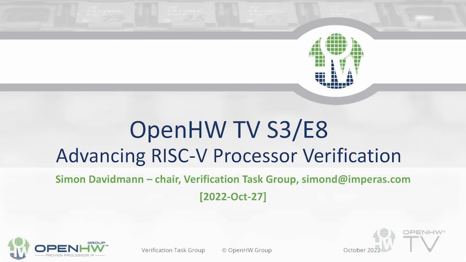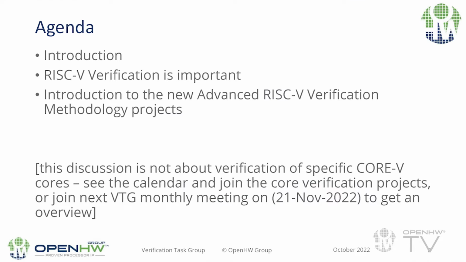So what I'm going to do today, in this TV episode for OpenHW, is talk about advancing RISC-V processor verification. It's an introduction to several of the projects that we've been instigating since I became chair of the Verification Task Group. I'm going to give a bit of an introduction and talk a little bit about why RISC-V verification is important.